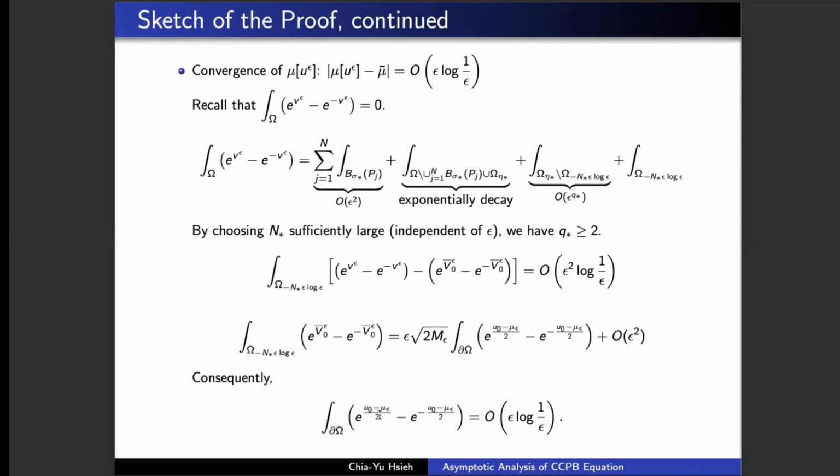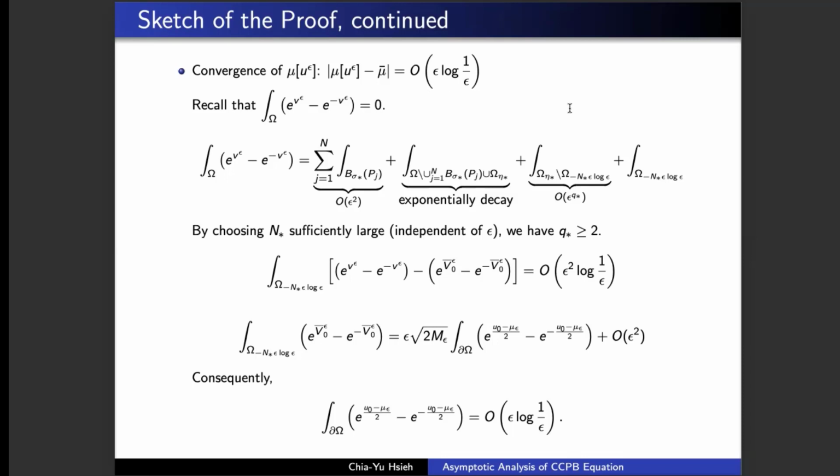And we can solve for mu epsilon in terms of the integrals of e to the u0 over 2 and e to the minus u0 over 2, and conclude that the convergence of mu to mu bar has the error estimate epsilon log 1 over epsilon.